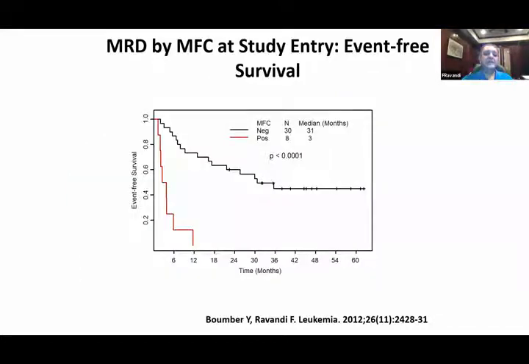I think the main reason I'm showing these slides is because this was the most important message we got from that study, that we did minimal residual disease assessment by flow cytometry using a 6-color flow panel at that time. And anybody who was entered on the study had this assessment. And you can see here, patients who were positive by flow for MRD had a significantly worse event-free, and actually, I'm not showing it, but also overall survival, highly significant.